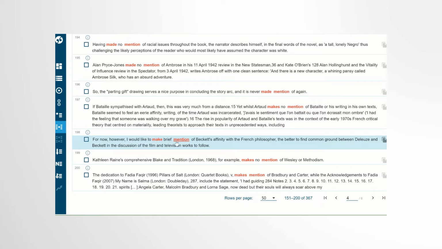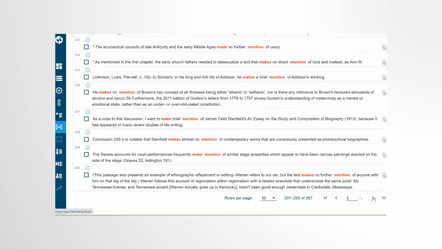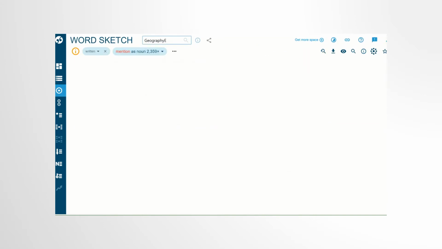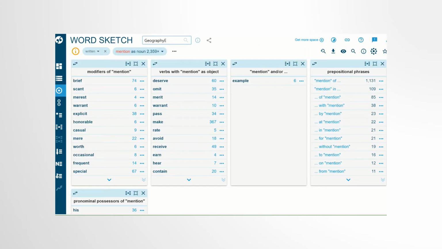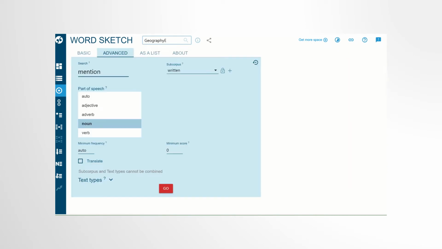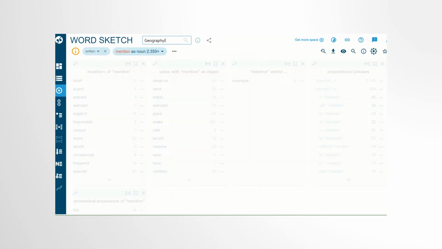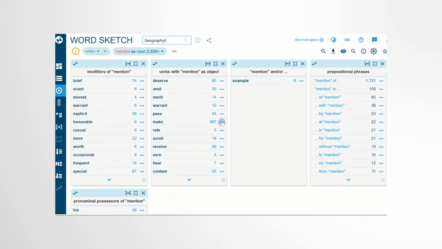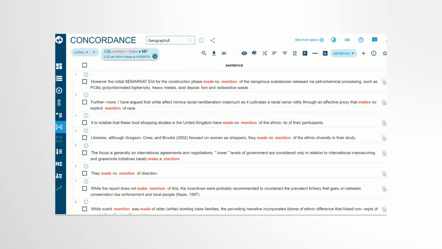I would like to make brief mention of Beckett's affinity, in an active structure. I think we may have done something wrong here. Let's go back. I think I may have forgotten to use the correct subcorpus. No, apparently not. So let's go back to the mention concordance.